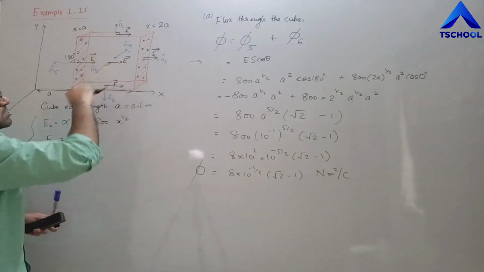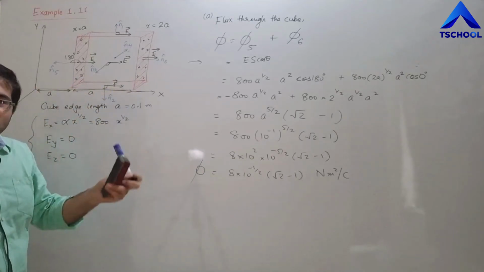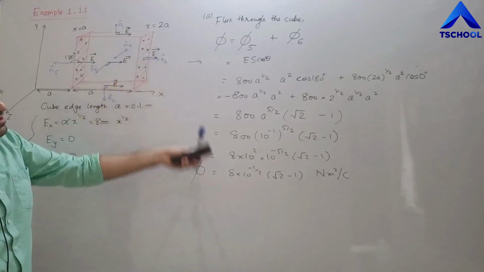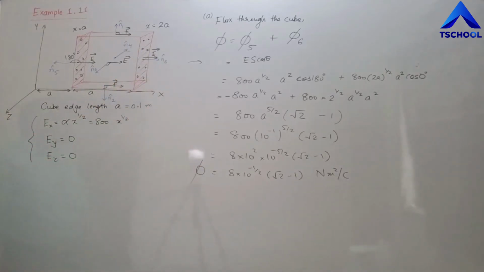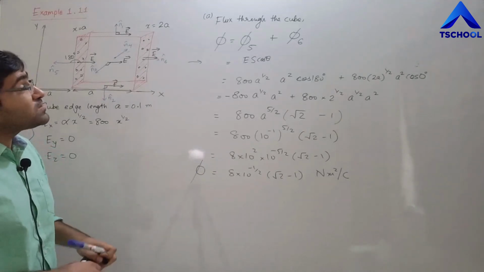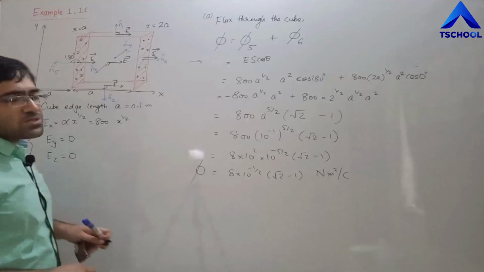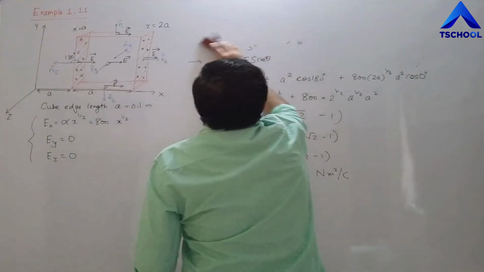So those easy parts are 6 faces, 6 sides of the cube, all right? So that's it, right, for the answer of the part A, right? Now there's part B, right, in which we have to find out how much charge should be there inside this cube, right? So let's start with that, part B.